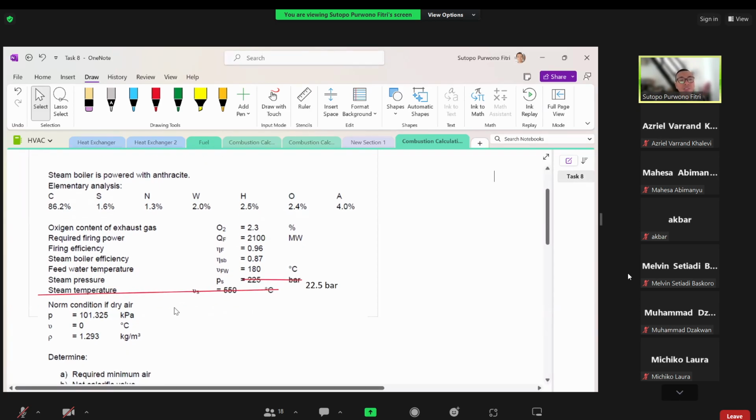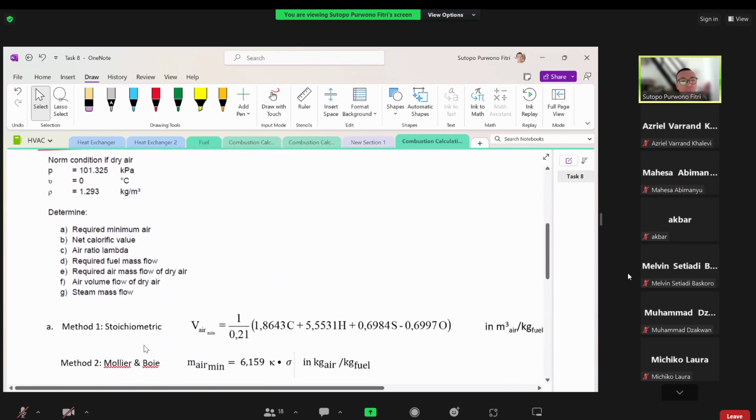So I just need the condition of steam pressure here, which is 22.5 bars. And the dry air condition: the pressure is the ambient pressure, the temperature is 0 degrees Celsius, and the density is 1.293 kilograms per cubic meter.